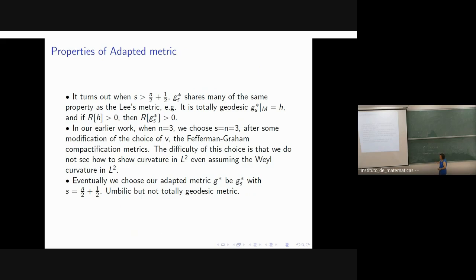And the fact that it is totally geodesic is to our advantage.